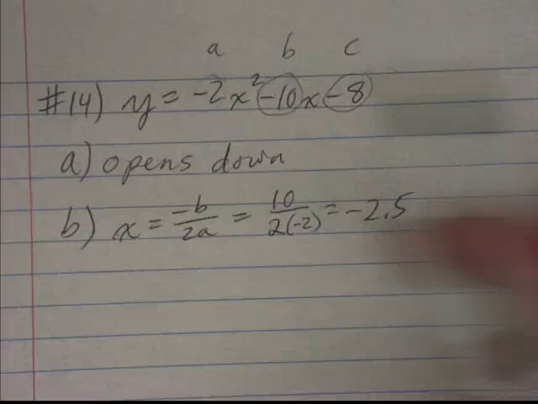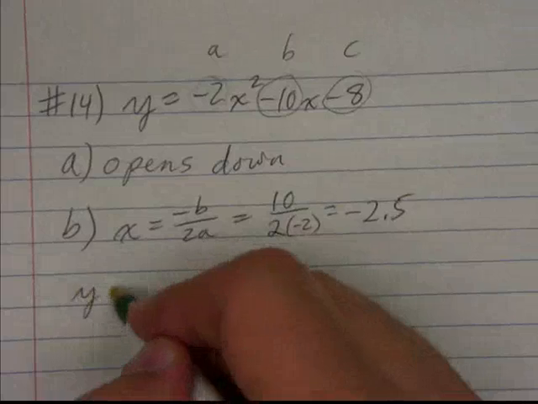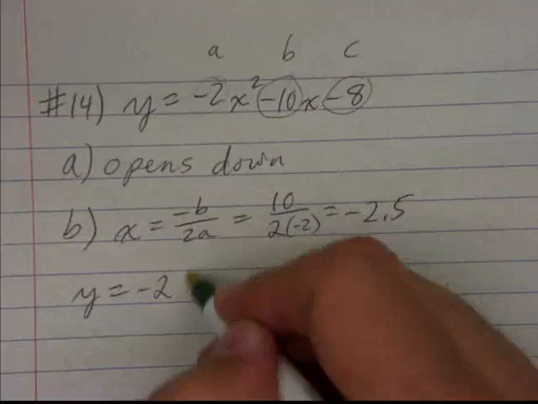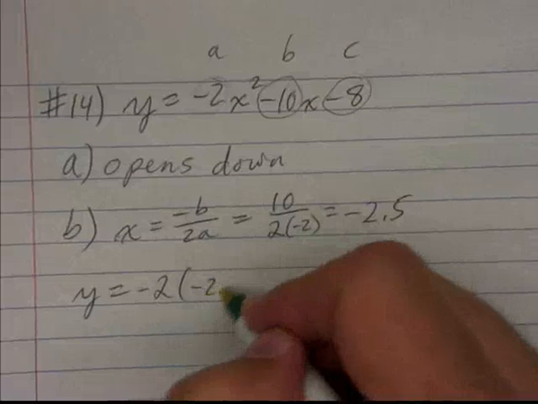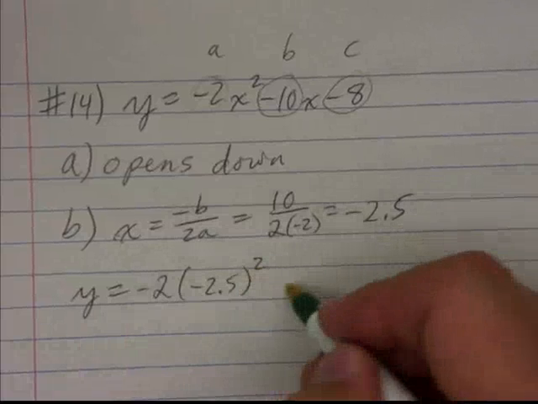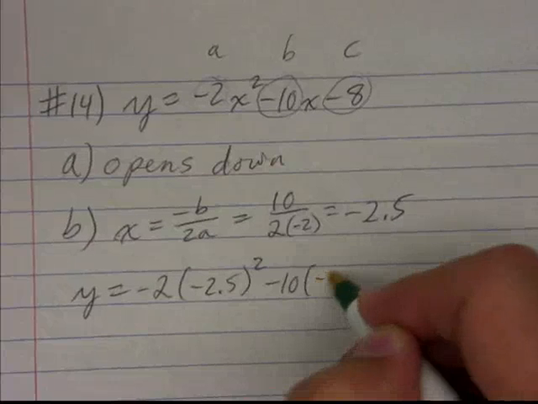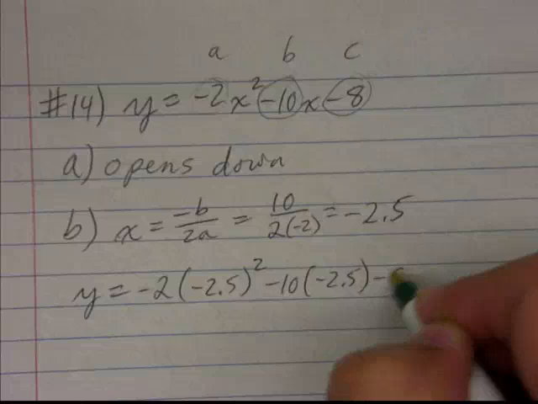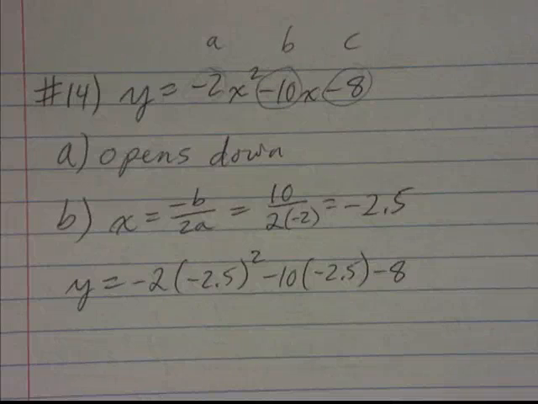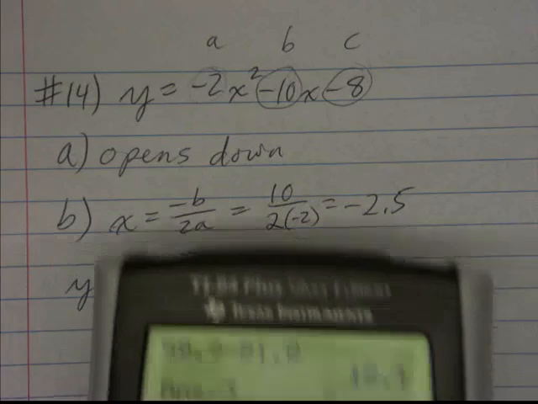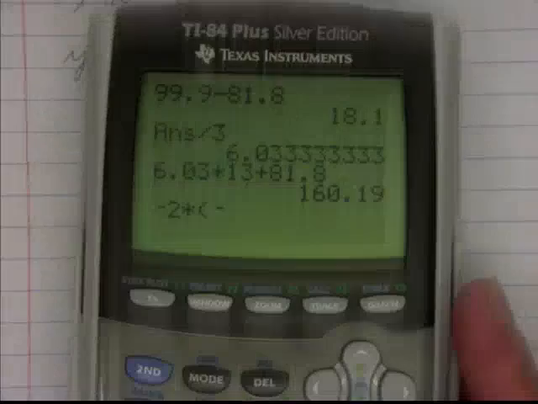Then to find our y value, we're just going to stick that value back in and find the y. So we'll have negative 2 times negative 2.5 squared minus 10 times negative 2.5 minus 8. Let's see what I get when I do that. I'm going to use the calculator here.